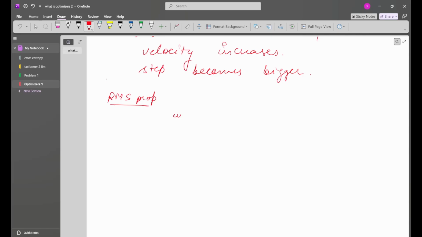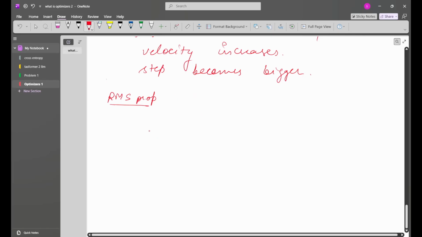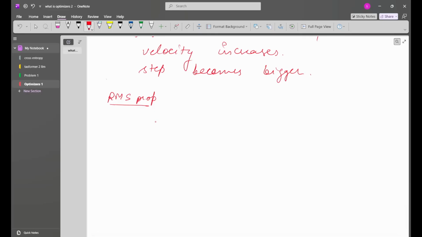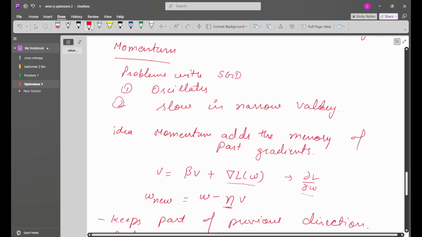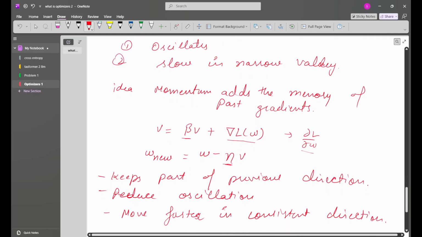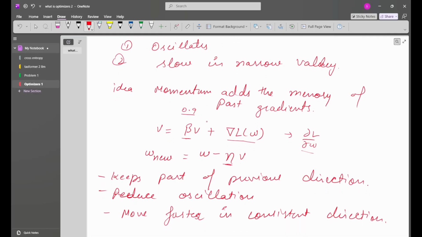Let's understand again. RMSprop uses this formula for step size. Also, I forgot to tell you that this beta value is mostly 0.9 in momentum.